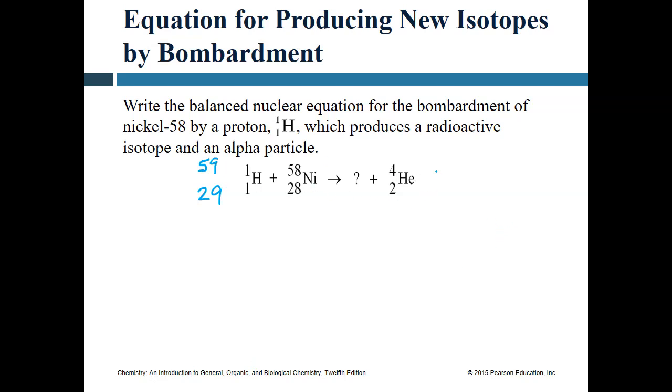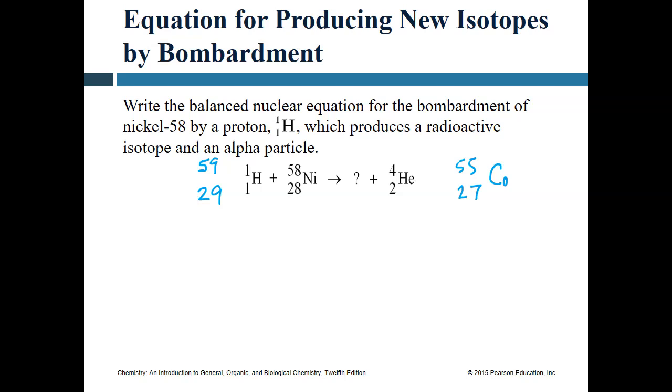And so if we go by elimination here, 59 minus 4 would give us 55. 29 minus 2 would give us 27. Element number 27 is cobalt. And cobalt-55, let's see, for cobalt we would expect somewhere around 59.